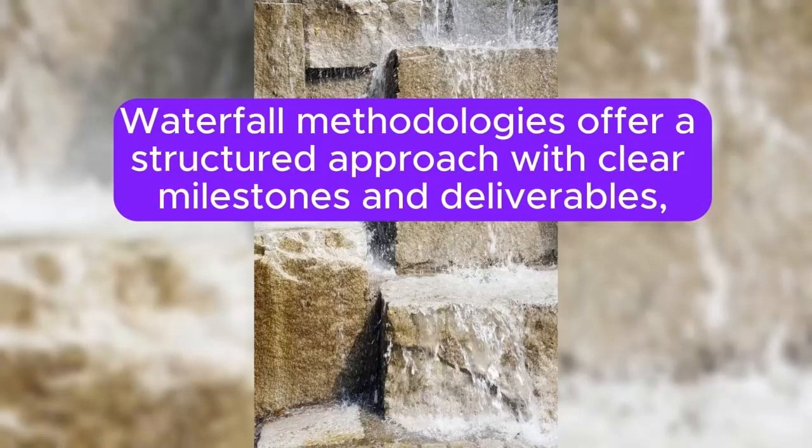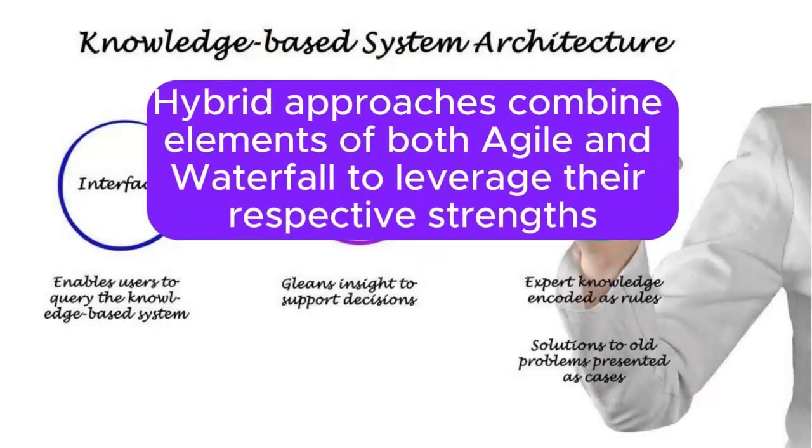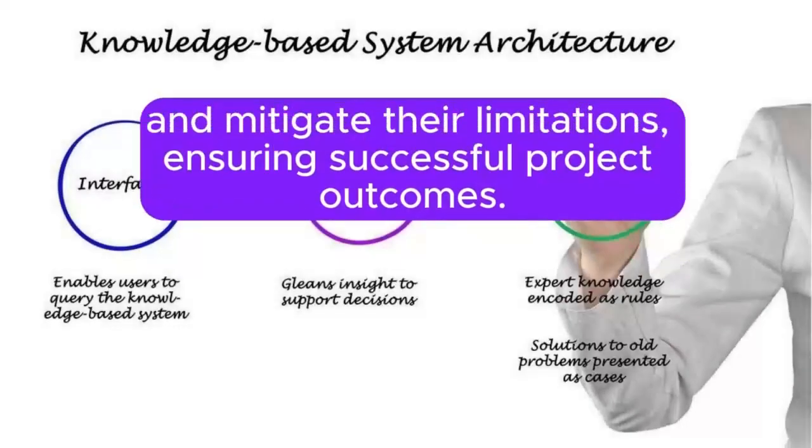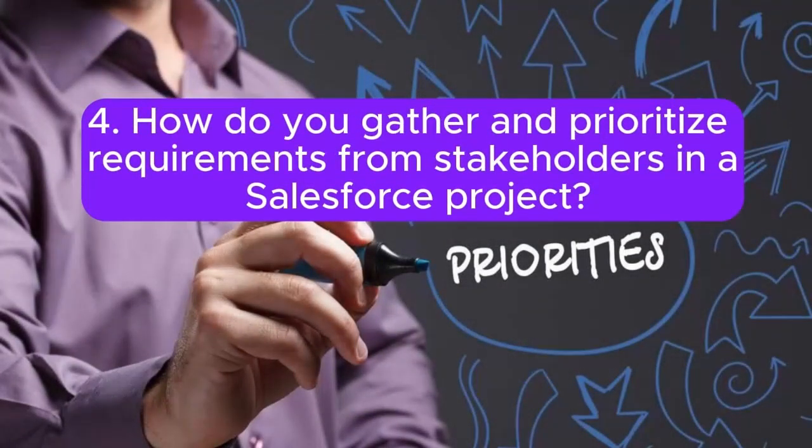Waterfall methodologies offer a structured approach with clear milestones and deliverables, suitable for projects with well-defined requirements and minimal changes. Hybrid approaches combine elements of both Agile and Waterfall to leverage their respective strengths and mitigate their limitations, ensuring successful project outcomes. 4. How do you gather and prioritize requirements from stakeholders in a Salesforce project?